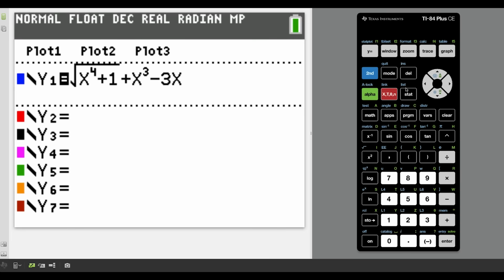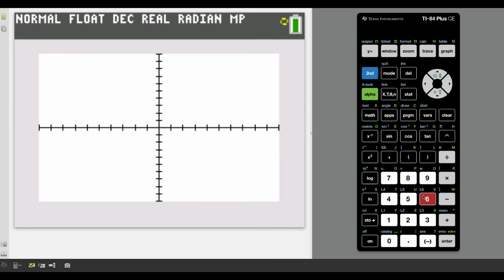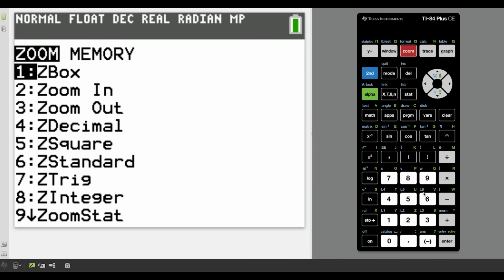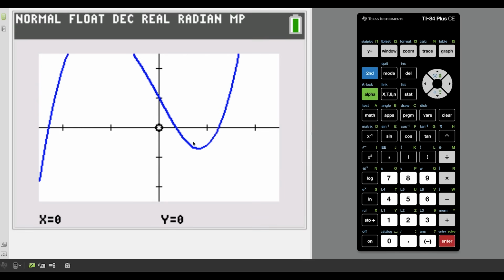Once again, we're looking for where f prime changes from positive to negative. I'll press zoom 6 here so we can get a nice picture of this. Notice we're changing from negative to positive at this location, but the positive to negative change is happening between 0 and 1. If we want to zoom in a little bit, we'll press zoom and then zoom number 2, and that gets us close enough.